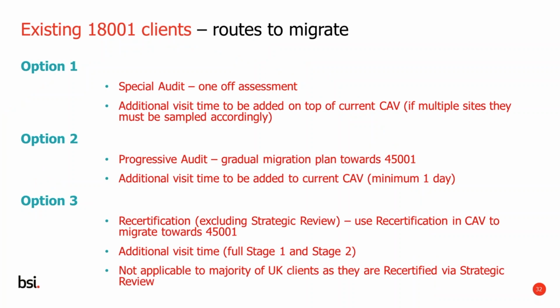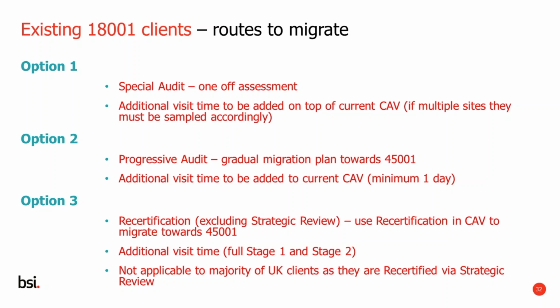That would include planning an additional visit time to be added on top of your current surveillance audits. So you do it one-off, but if you've got multiple sites, you have to take that into consideration because they must be sampled accordingly before we can certify you to 45001. So additional time would be required for option one.